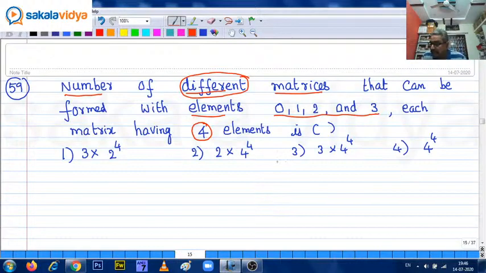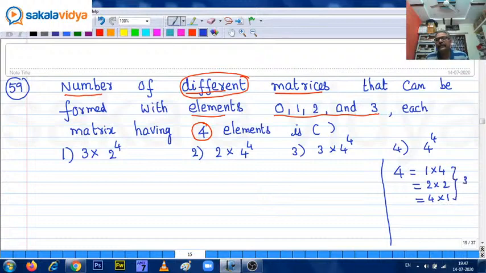Now, 4 elements means, for example, let us write factors of 4: 1 times 4, 2 times 2 and 4 times 1. That means we can frame 1 by 4 order, 2 by 2 order, 4 by 1 order. That means 3 different orders we can frame.